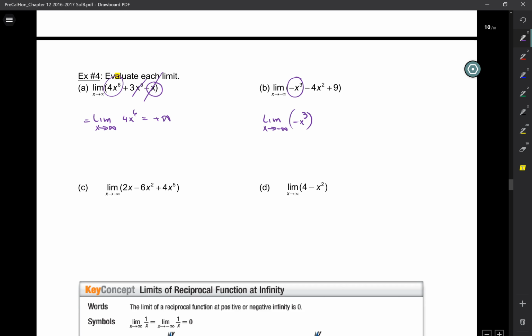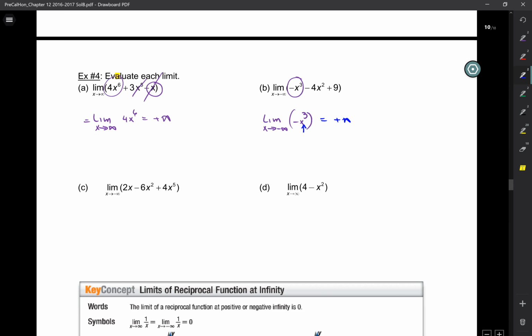Now, cube. If x is negative and I cube it, I get a negative value. But then you have a negative in the front, so this turns out to be positive infinity.